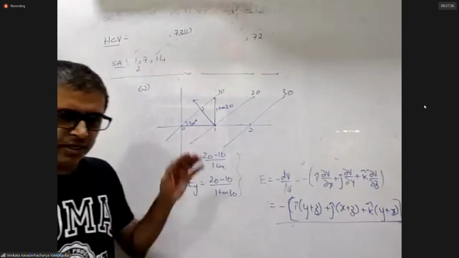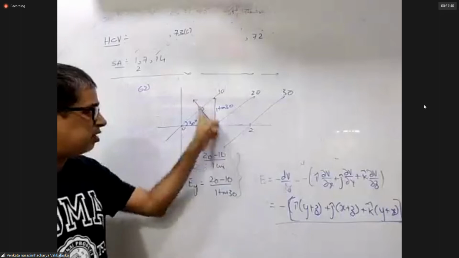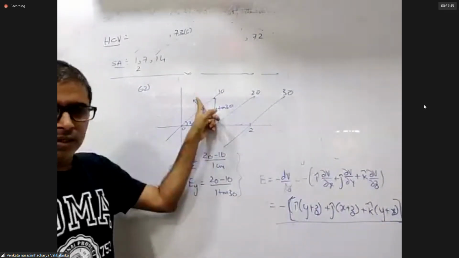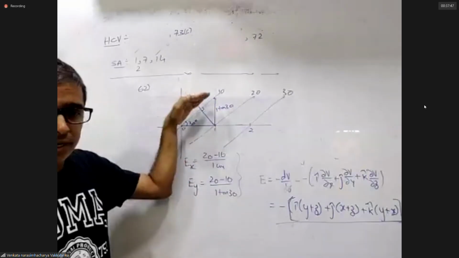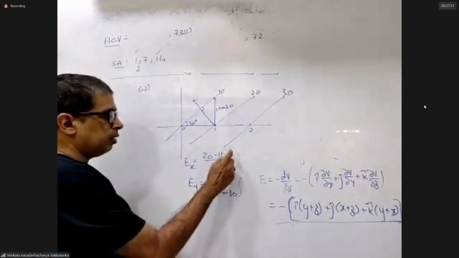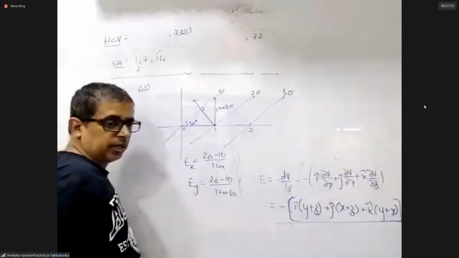Okay, let's at least complete this question. The resultant field will be in this direction, right? The resultant field will be perpendicular to the equipotential surface. So you don't need to calculate Ex and Ey. You know the direction.